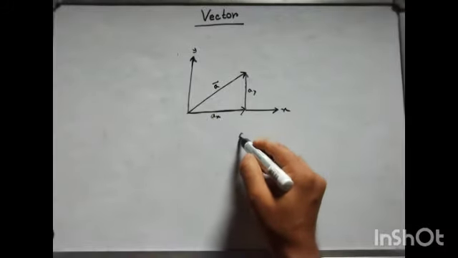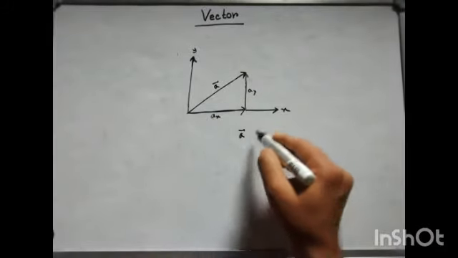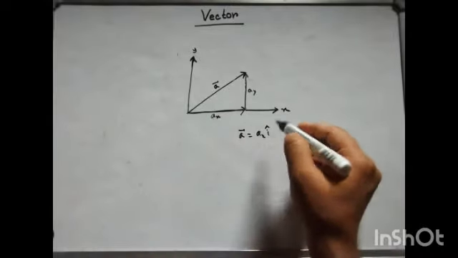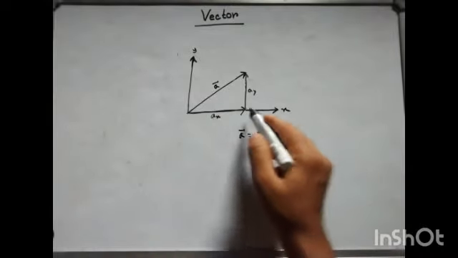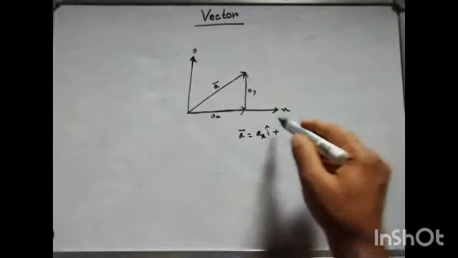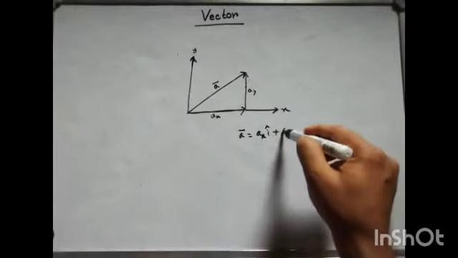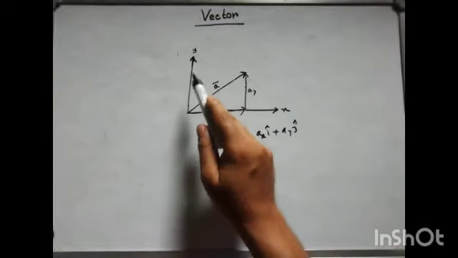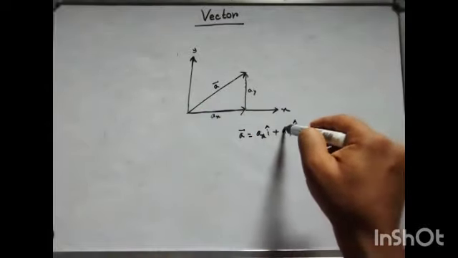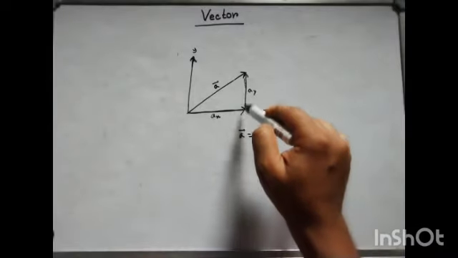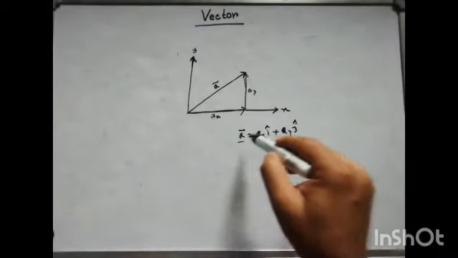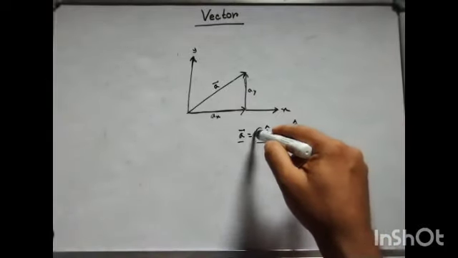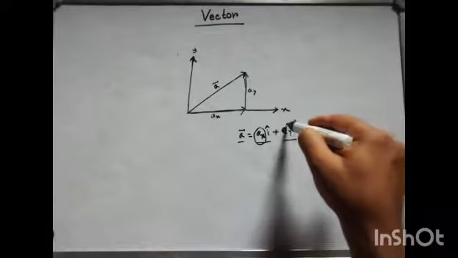So we can write a vector is equal to ax i cap, because this direction is i cap. The unit vector along the x-axis is called i cap, and ay j cap, because the unit vector along the y-axis is called j cap. So this magnitude is ay. So I can write a vector as ax i cap plus ay j cap. These are called components of a vector.